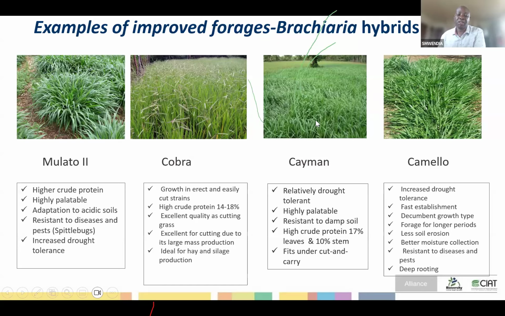And Cayman can tolerate a bit of waterlogging if it rains excess, but also provide a good quality material. When harvested at the right stage for all these materials, you find that the crude protein can be about 17%. So largely for grasses, it's the stage you really harvest that determines the quality you get.